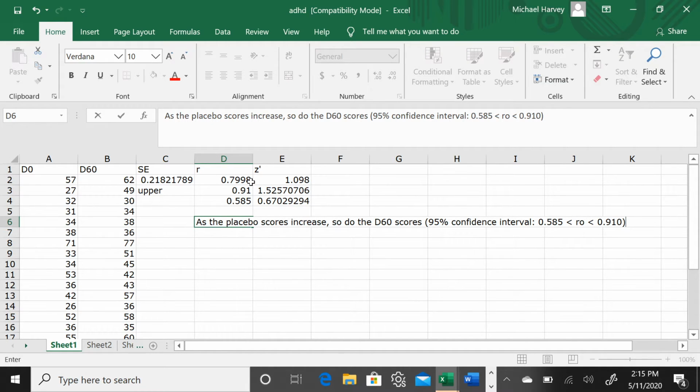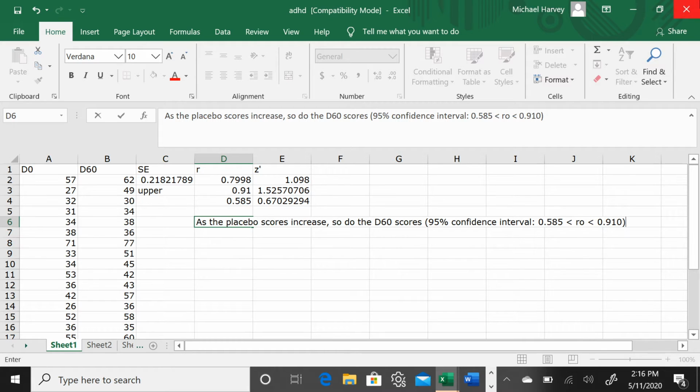Instead, they're positively correlated, so you want to say something like that. I think this is a little easier for some people to understand, and it avoids jargon. Then over here in parentheses, you give people the confidence interval that supports that assertion. So that's the best way to report an answer like this.